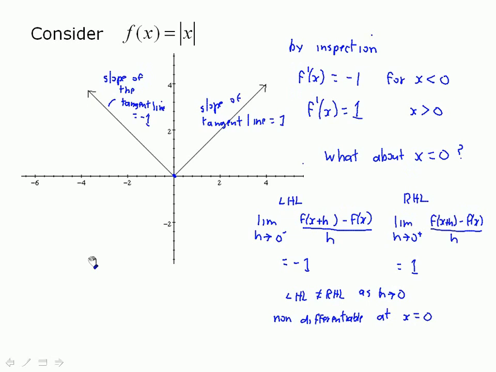Now, in general, these sharp corners indicate non-differentiability. So you can tell this on other graphs, which we're going to see later on. When you have a little sharp point, it means that it is not going to be differentiable. We look for the smooth curves. There it will be differentiable, but not the sharp corners.